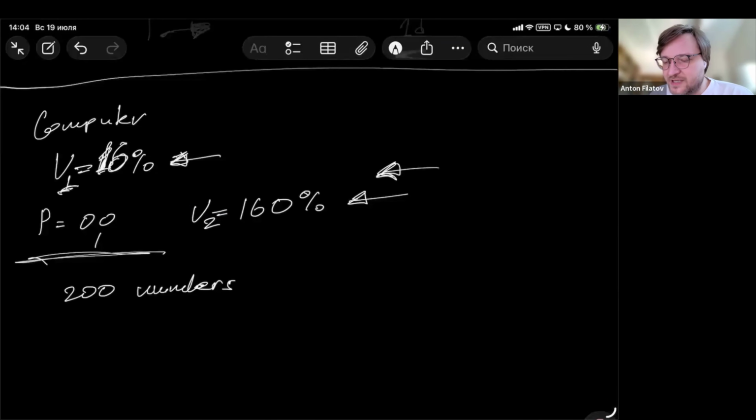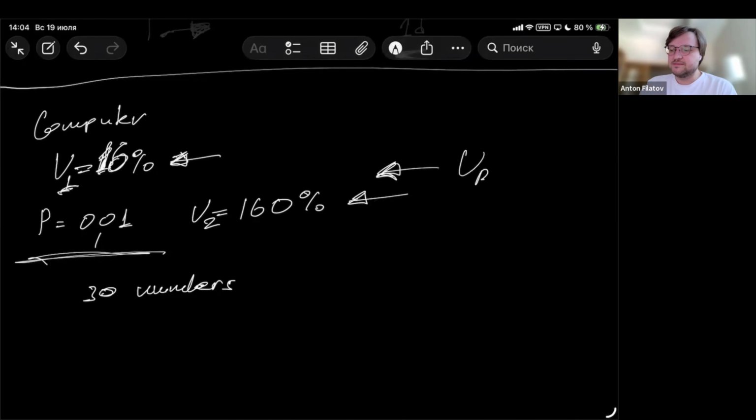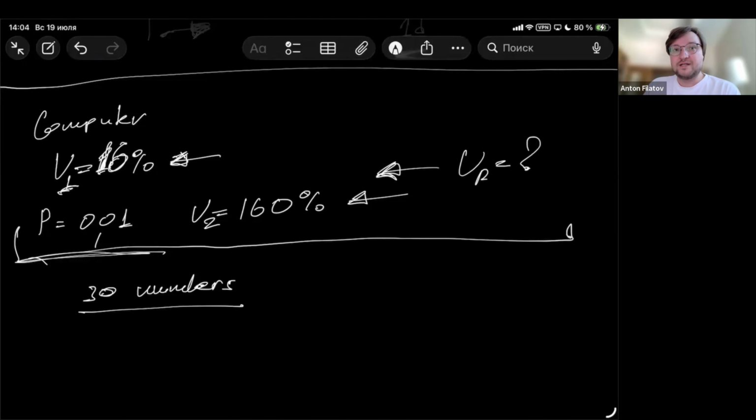Let's say it's 1 out of 100. And you say you don't have 200, you have 30. So what is the realized volatility? What do you think will be your estimate of realized volatility, and with what probability?